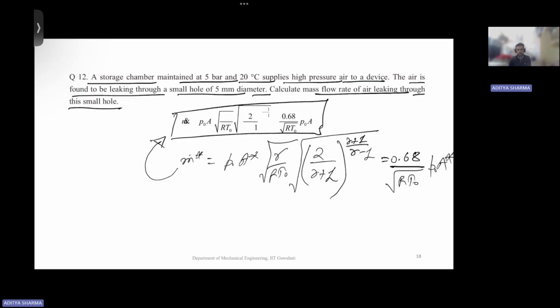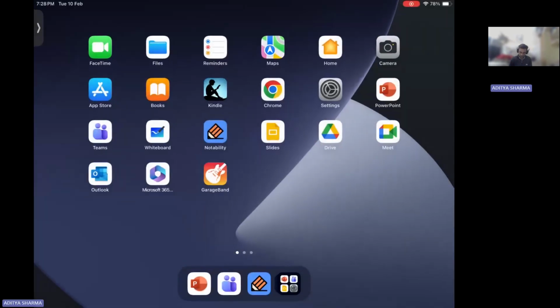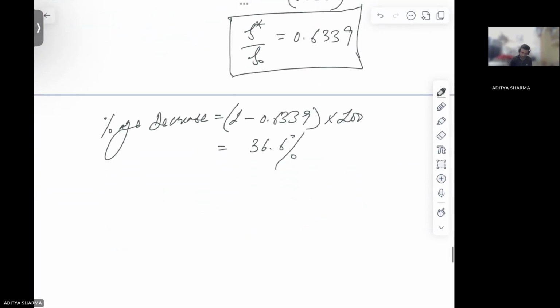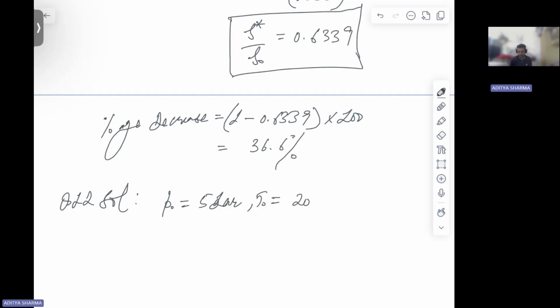So this is from your lectures only. So initial pressure is given as 5 bar. Temperature has been given as 20 degrees Celsius.